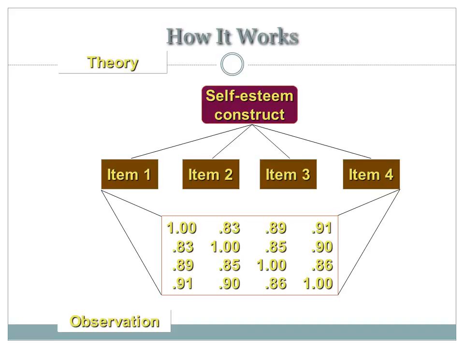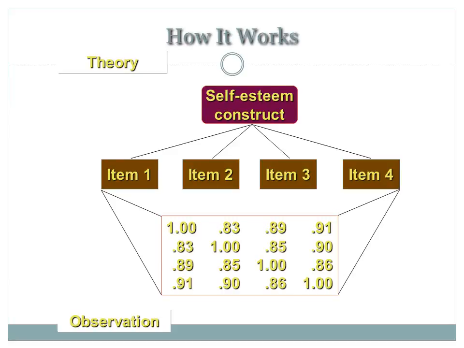So here is a correlation matrix. In a correlation matrix, what you're looking at here is the correlation of each item with every other item. So if you look at the top row, the first row, correlation of item number 1 with itself is 1, item number 2 with 1 is 0.83, 3 with 1 is 0.89, 4 with 1 is 0.91.